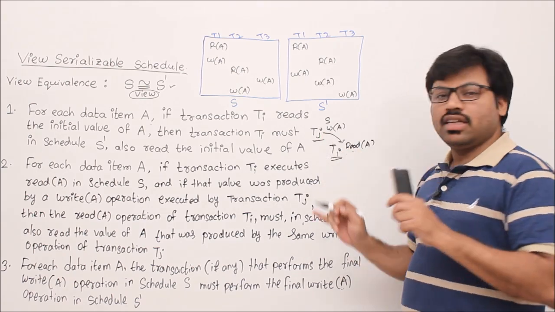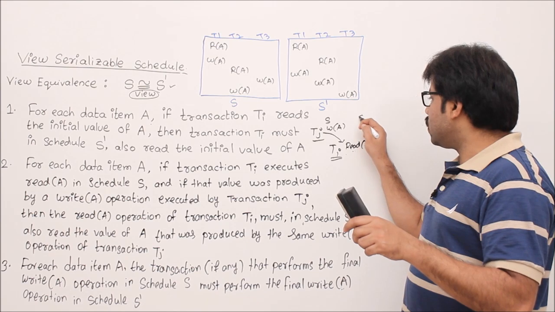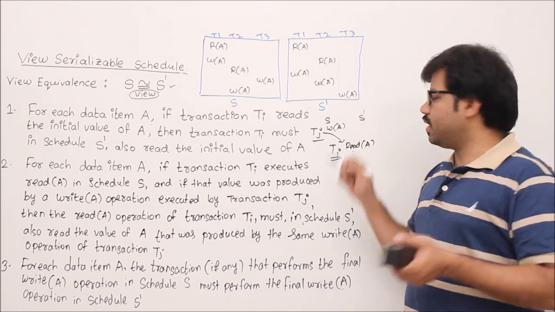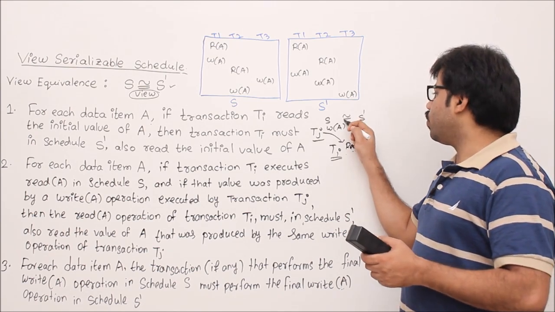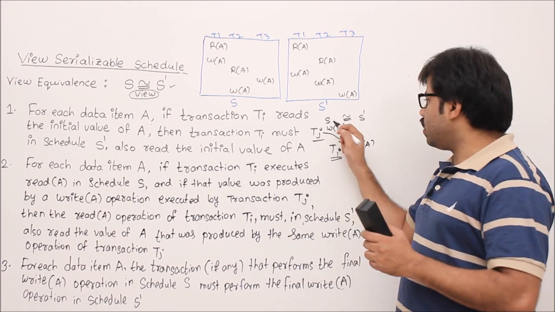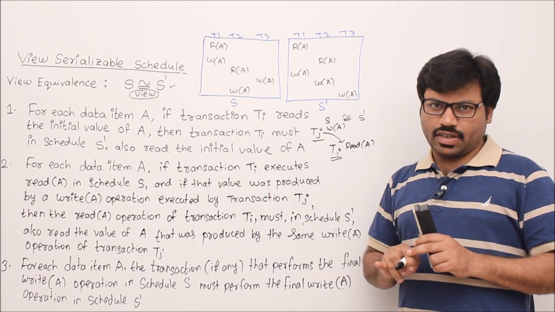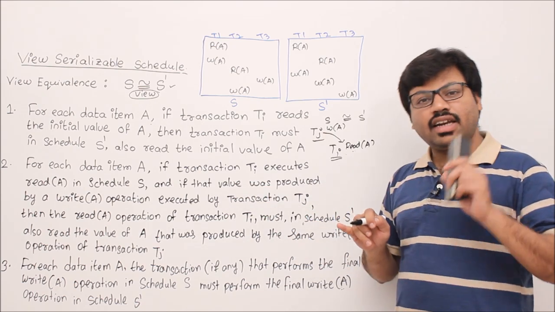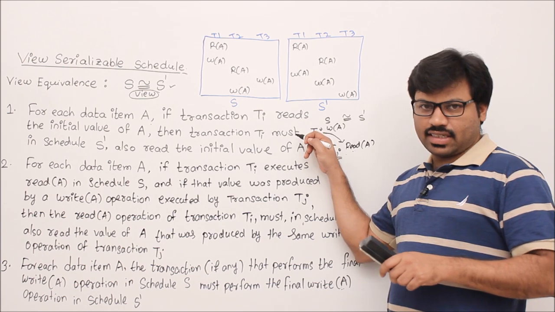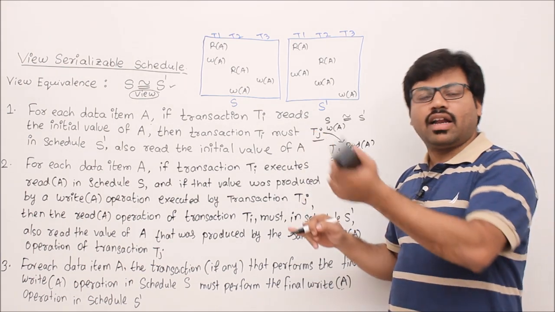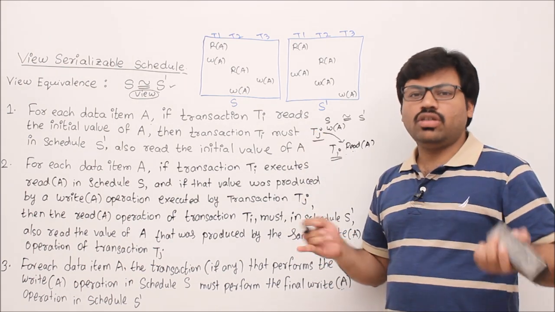If this is the case, the same thing should happen in another schedule S dash, which we are going to prove equivalent to S. If really these two are equivalent with respect to view definition, condition number 2 should be satisfied. What is that? If any transaction reads from another transaction Tj in one schedule, in another schedule also the same thing should hold good.